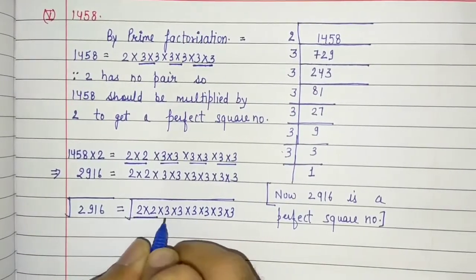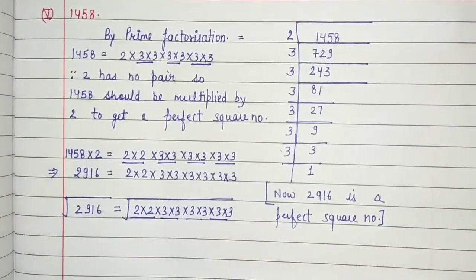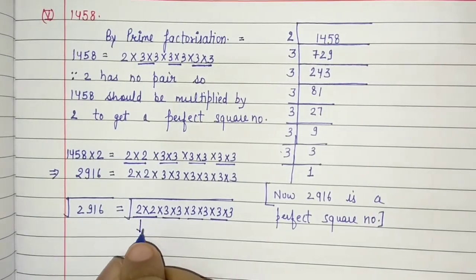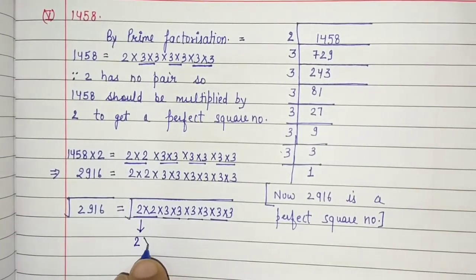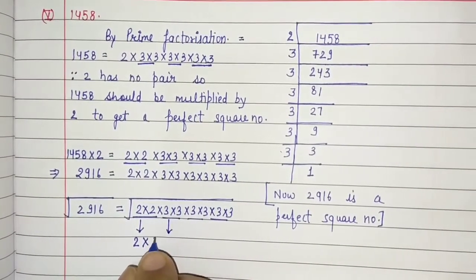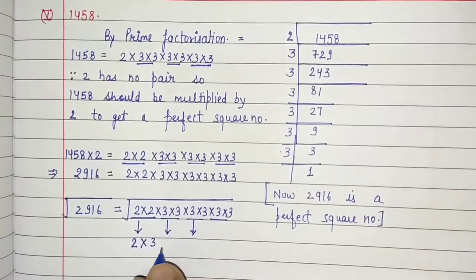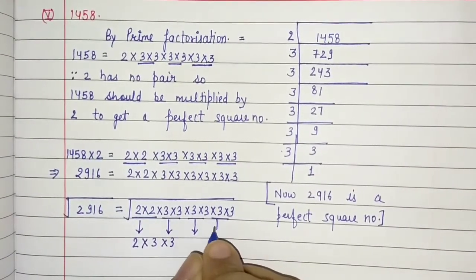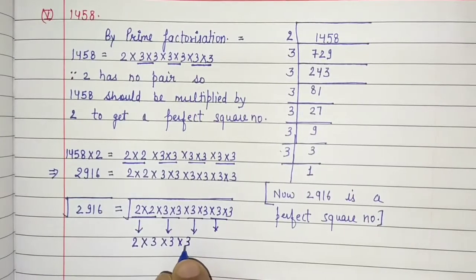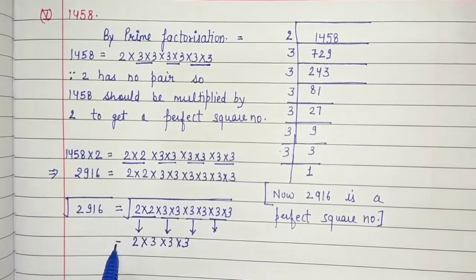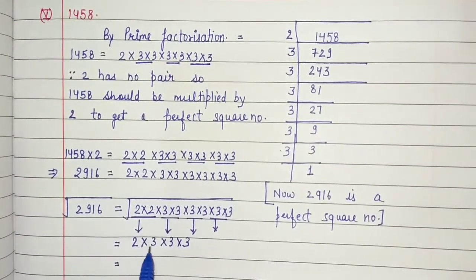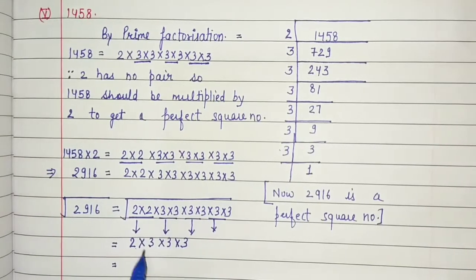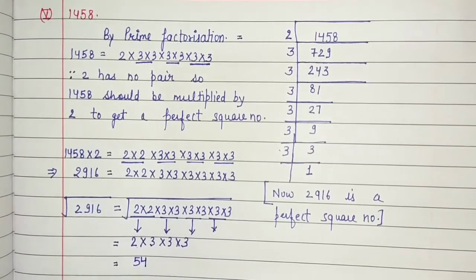Because each and every number has a pair, for finding the square root we will take one 2 outside, from this pair one 3 outside, this pair one 3 outside, and from the last pair also one 3 outside. If you multiply it, you will get 6 into 9, 54.